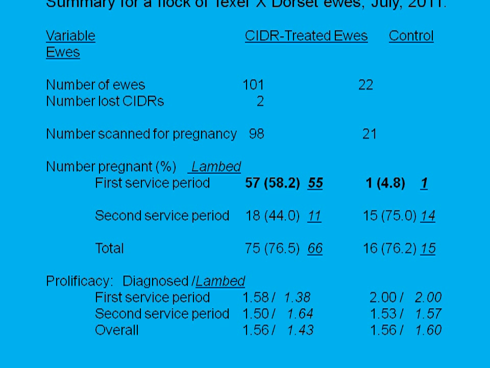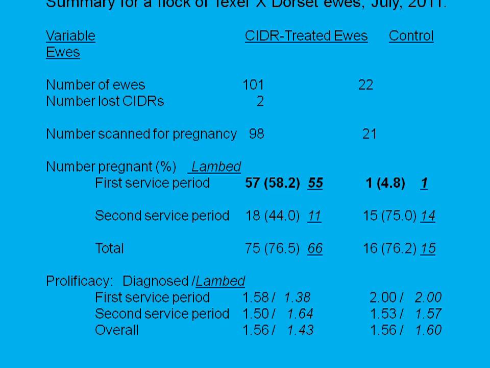And I'll show you data that we have seen throughout the studies we've done, we often have more losses at the second service period than we do at the first service period. We think that's probably related to the hot weather at that particular time. Over here in the controls, we only lost 1.